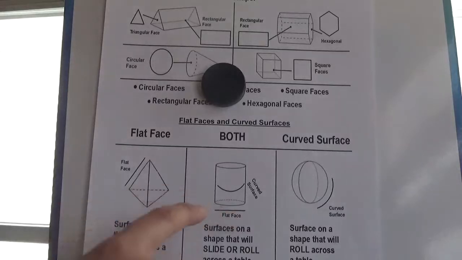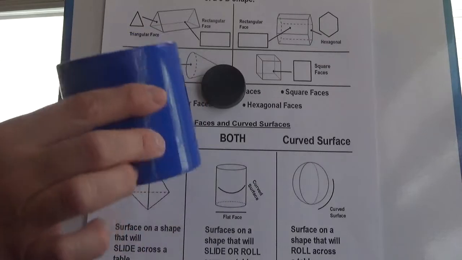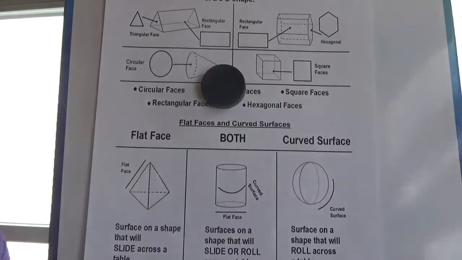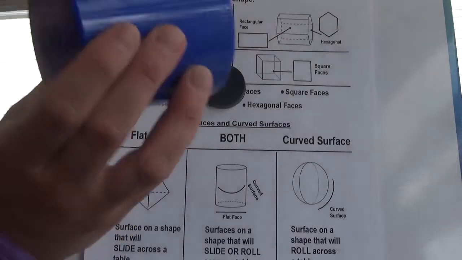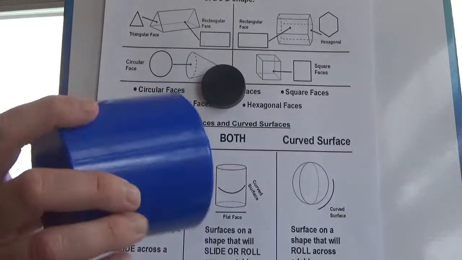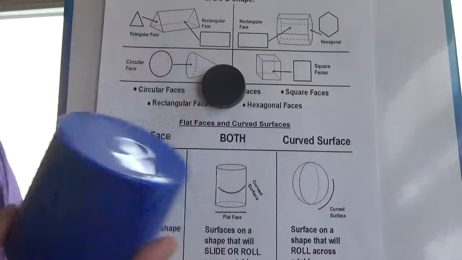And then surfaces on a shape that will roll or slide. So this is actually a really good example. This is called a cylinder, and it has the flat face here that would be able to slide on a table, but it also has the curved surface that would also be able to roll. This reminds me of a soup can. This shape is called a cylinder.